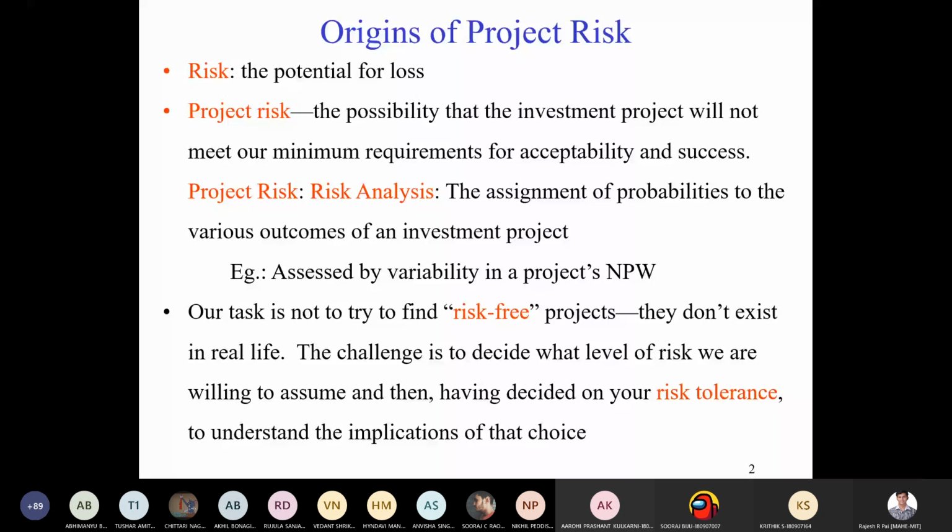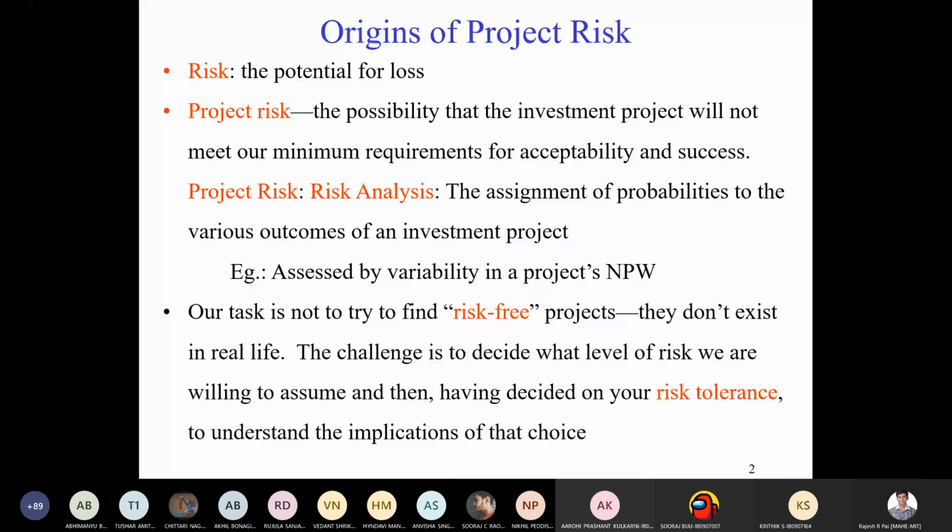So here in risk analysis, we are not going to completely reduce the risk, or we do not find a risk free project. We try to minimize the risk and how we can take that tolerance into consideration for our operations. That is one thing which we generally do in the organization.